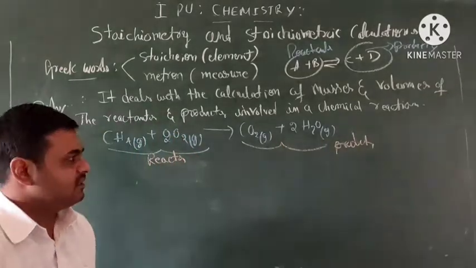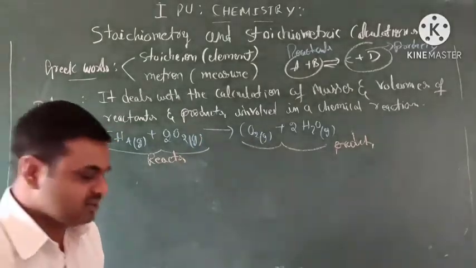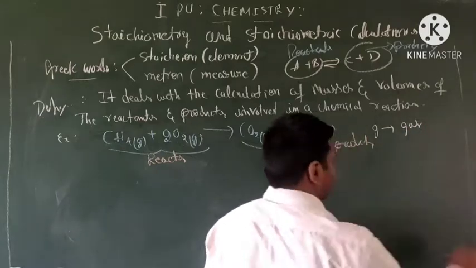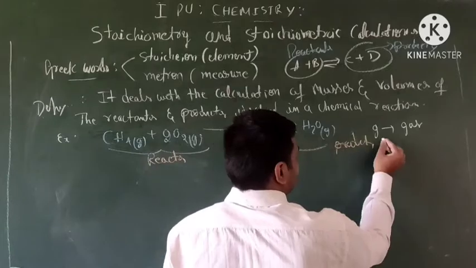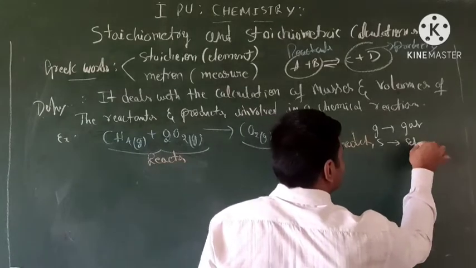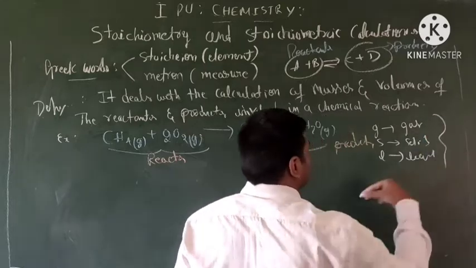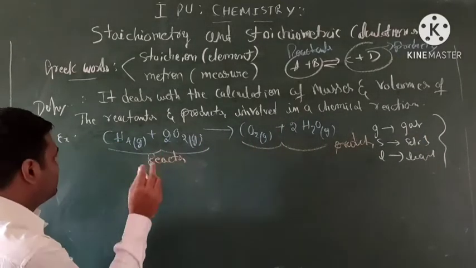The (g) in brackets represents gases. Sometimes the reaction involves solids, shown by (s) in brackets, and liquids, shown by (l) in brackets.